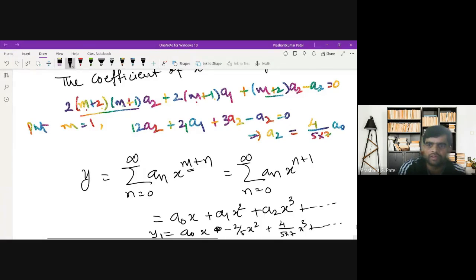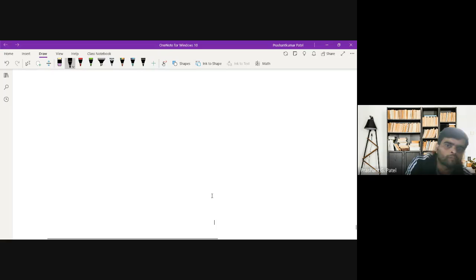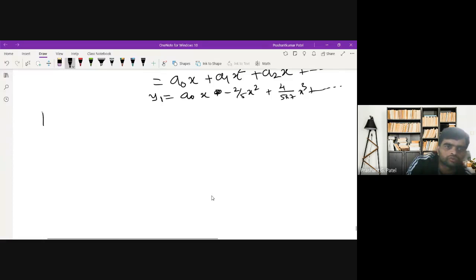Then we have to write down what is y2, that is for the other value, m equal to minus 1/2.